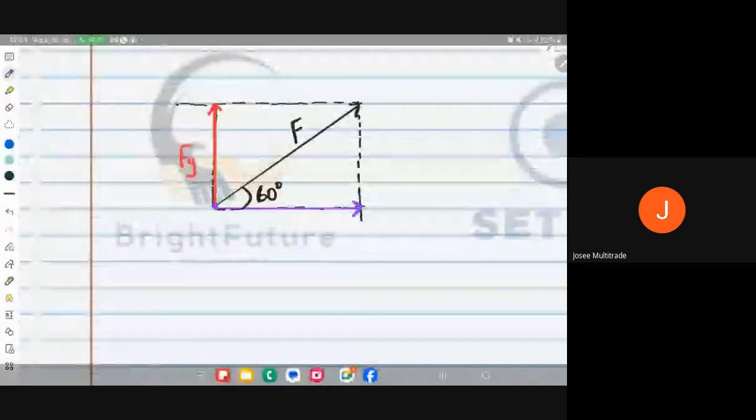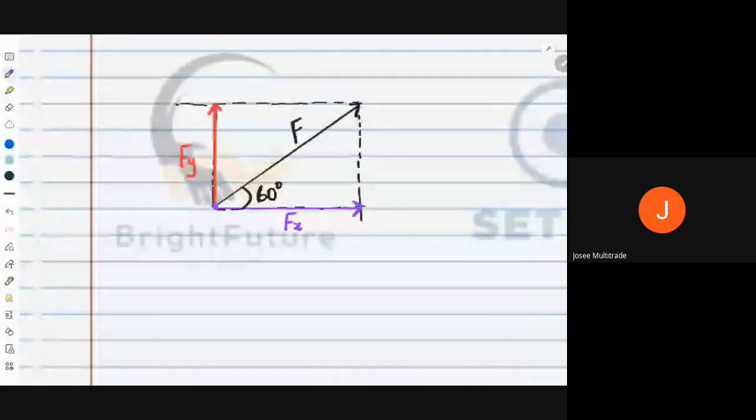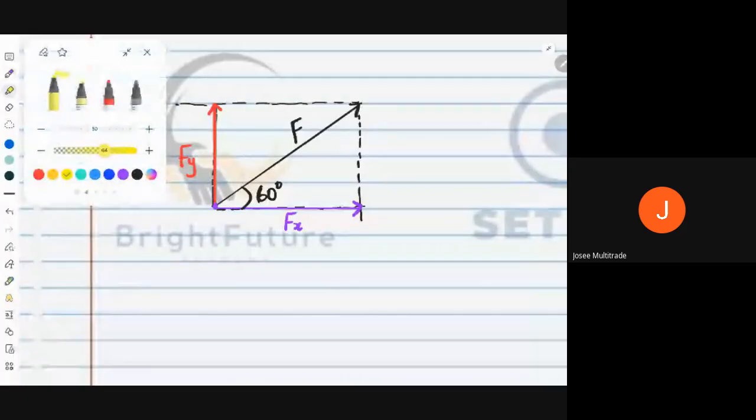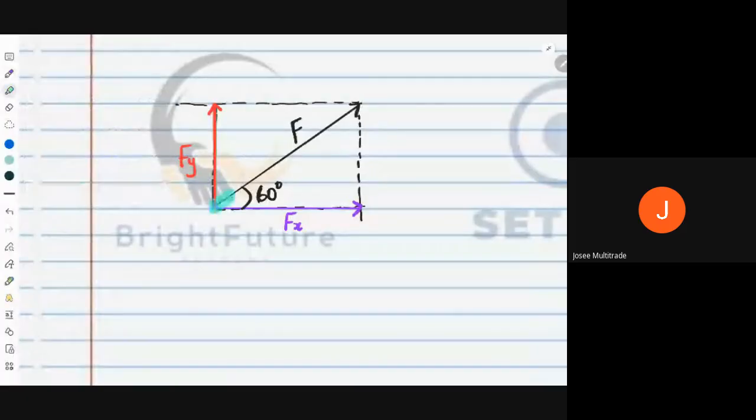So now what happens here is, remember, this is just a right angle triangle. I usually draw it where the angle is as well, so that it's easier. I don't have to. What I mean by that is you can either draw it where I'm drawing it now, or you can use the other triangle, this one. Depends on where your angle is located. By angle, I am talking about that 60, right?